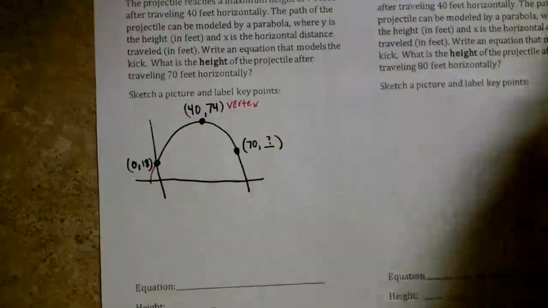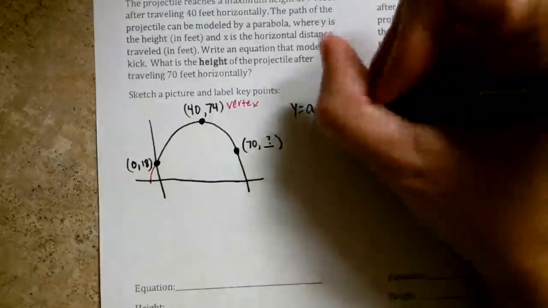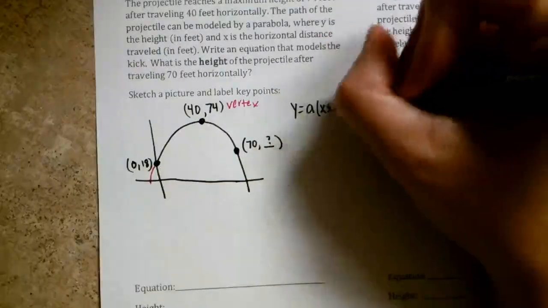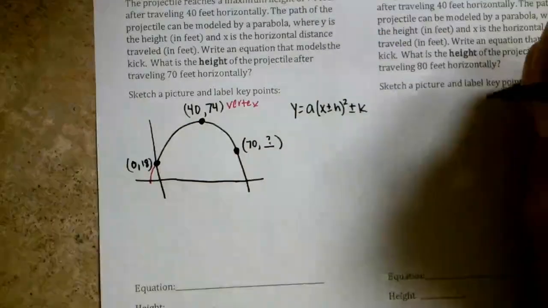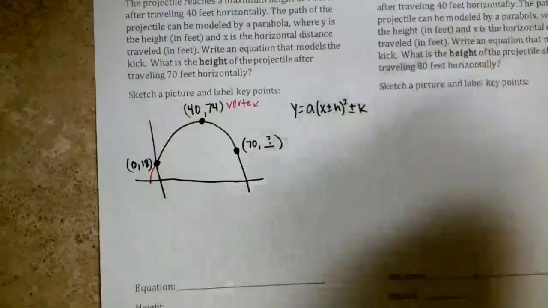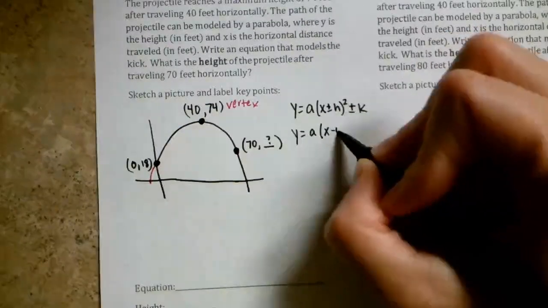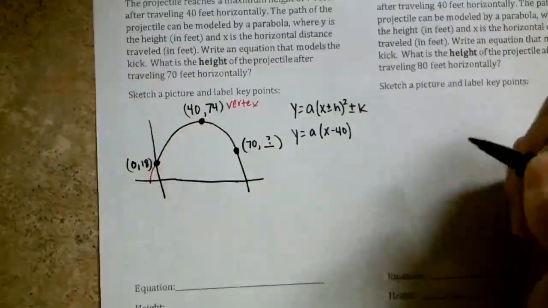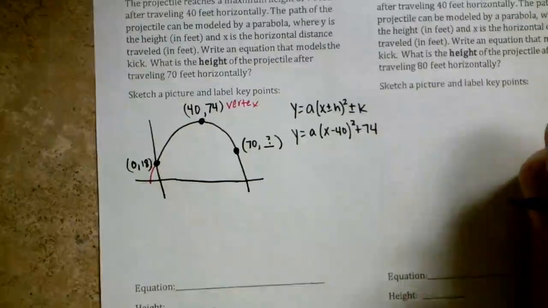So when we're writing our graph in vertex form, we're going to have an a value, a plus or minus h value, and a plus or minus k value. So we know we can fill in our x value for our vertex and our k value for our vertex.